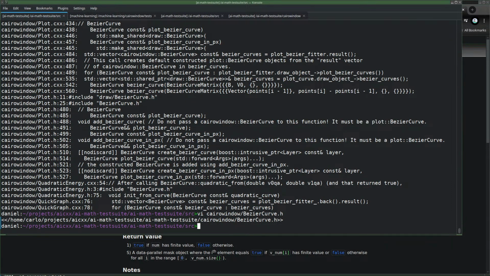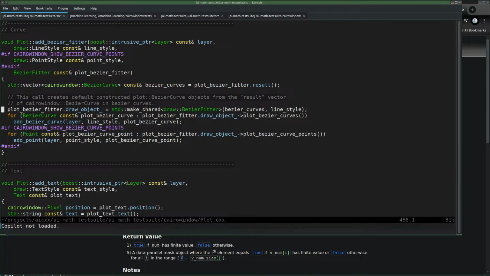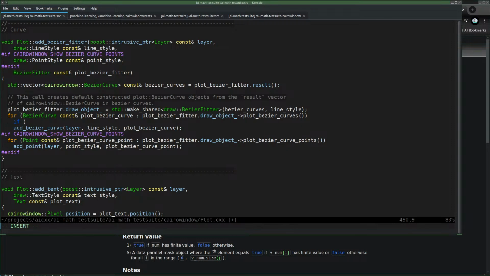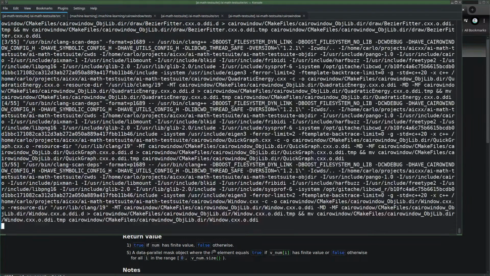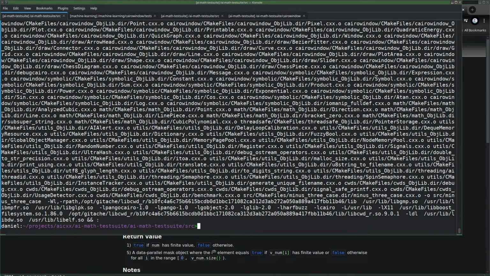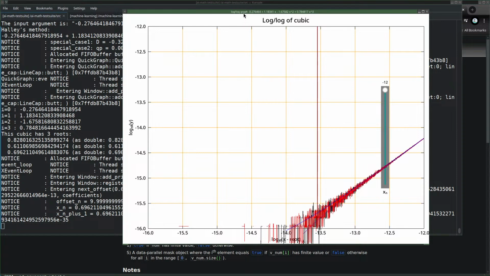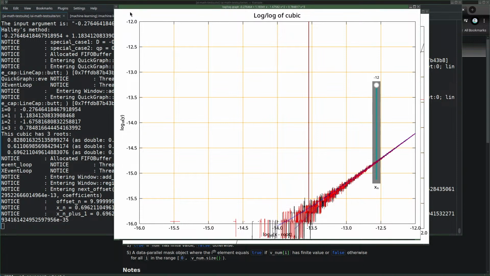And then now let's hope that was it. Yep. So these lines are gone. Pretty cool.